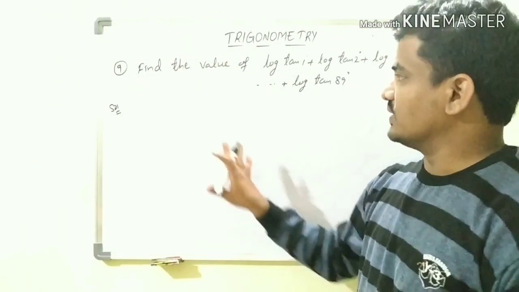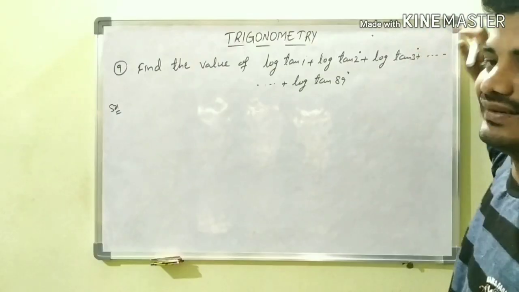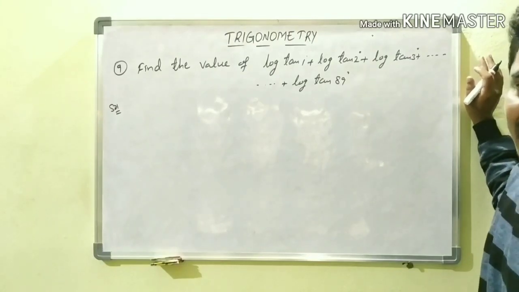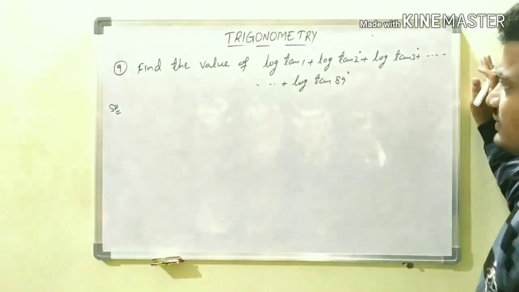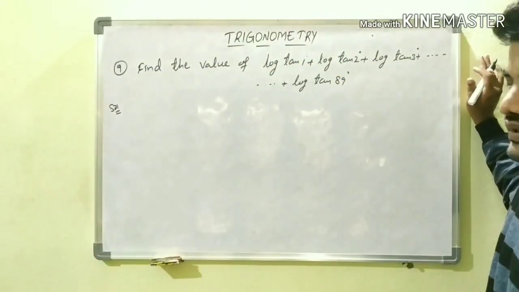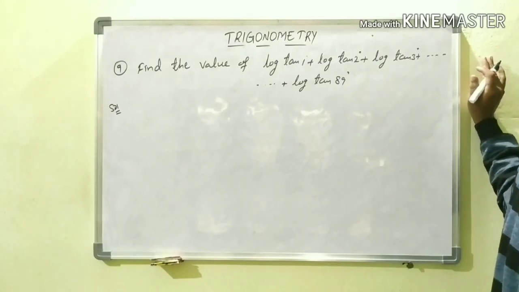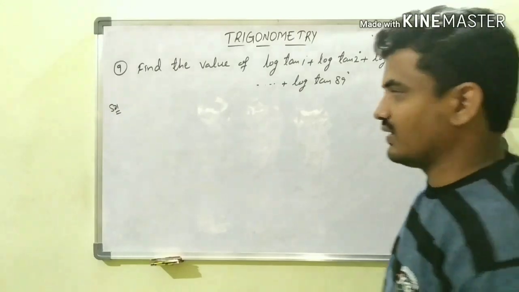Yes. Once look at the question. Find the value of log tan 1 degree plus log tan 2 degrees plus and so on, plus log tan 89 degrees. Okay, if you see this question, it's just like from the first question, real numbers, logarithm formulas: log x plus log y equals log xy. If you use that formula, you can get the answer.